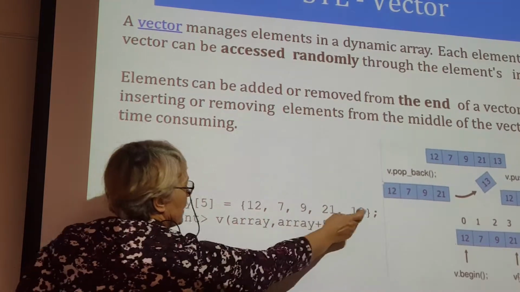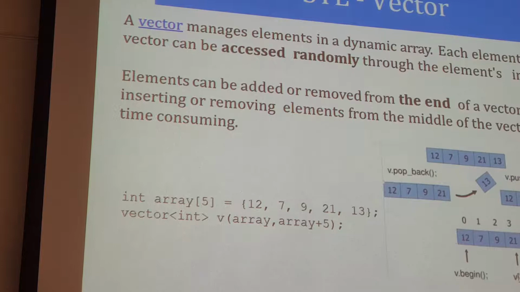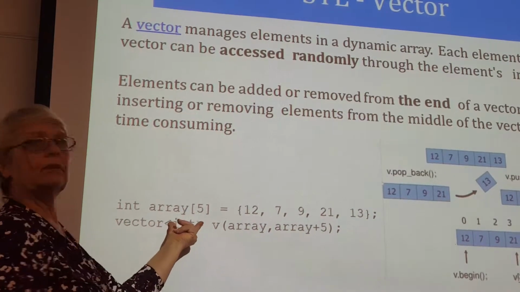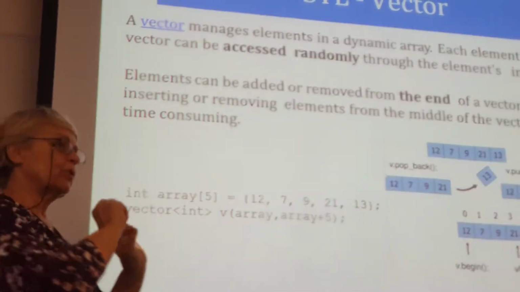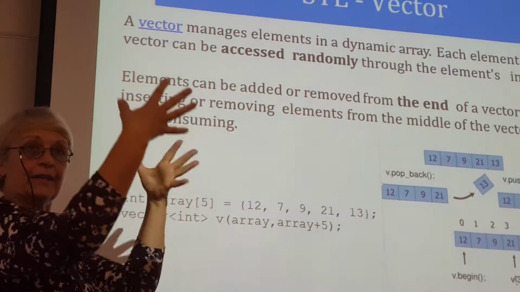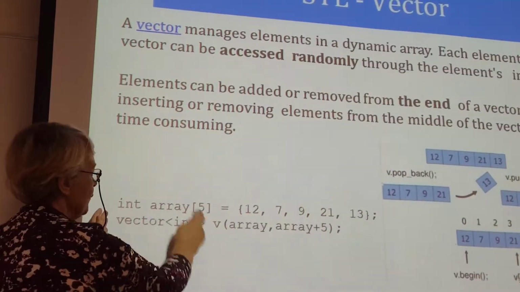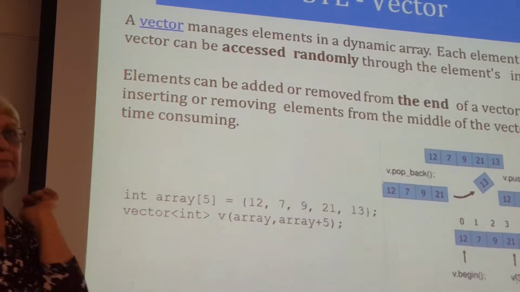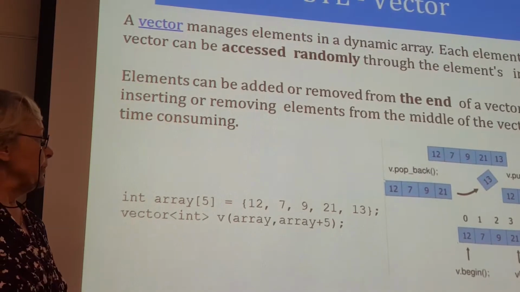Array plus 5 refers to this. And it copies everything. Now, because vector is implemented with a template, remember, whenever you use vector, you have to include the vector header, and then for every variable you declare, you make sure that you specify the type. This is a must for all containers.